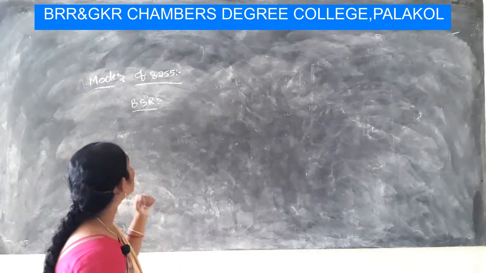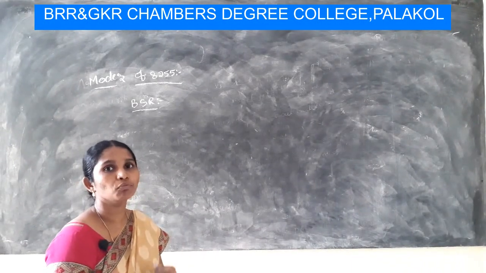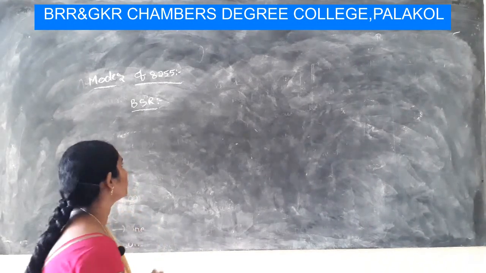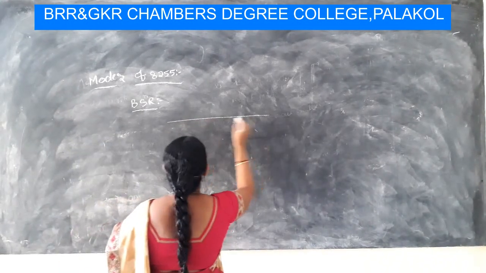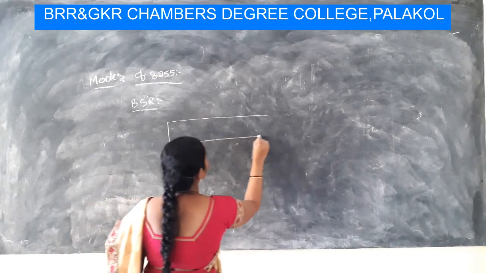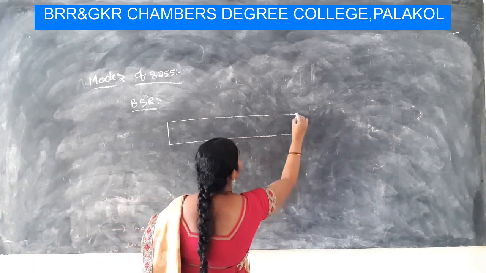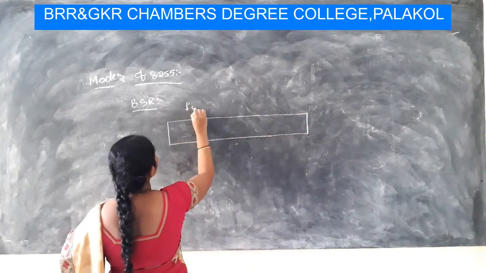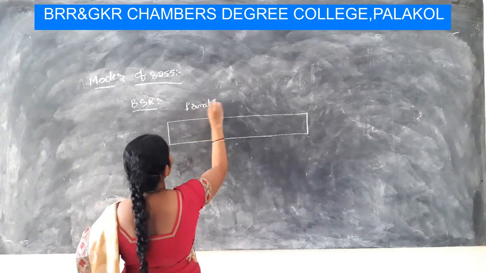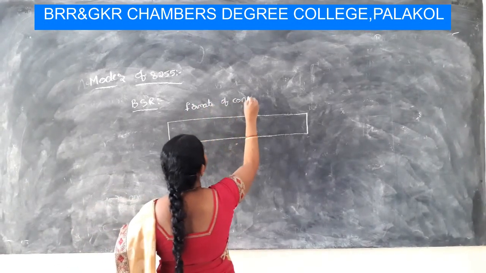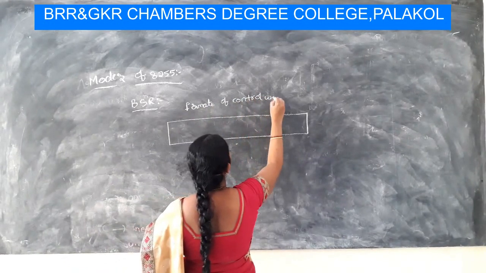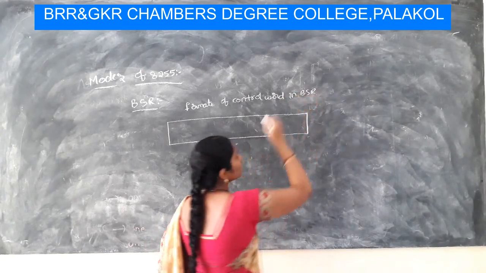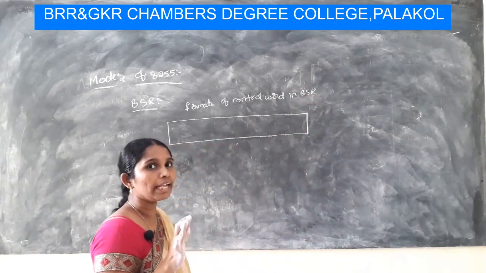The 8255 has one control word, which is an 8-bit register. This is the format of the control word in BSR mode.